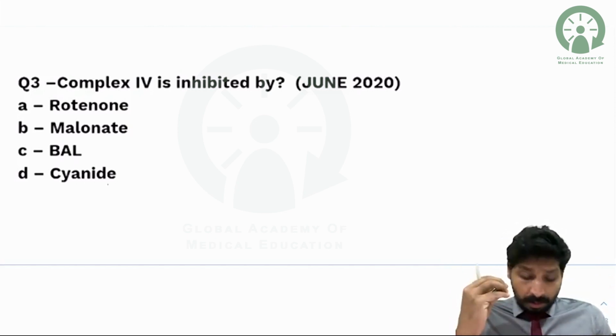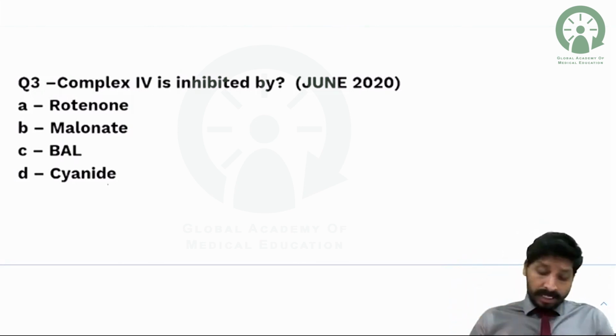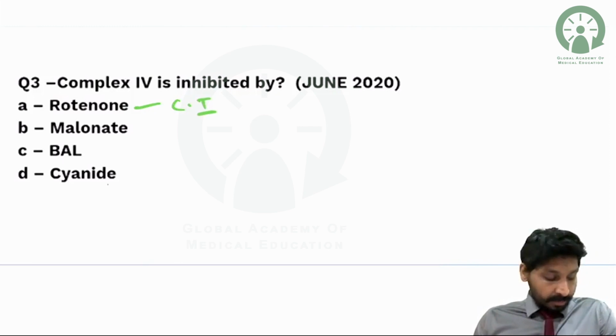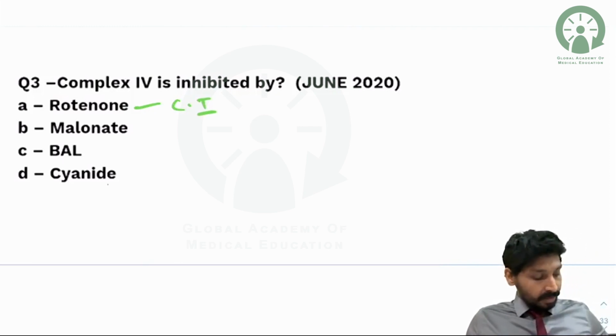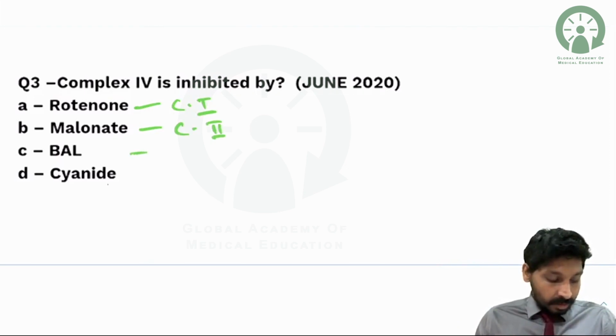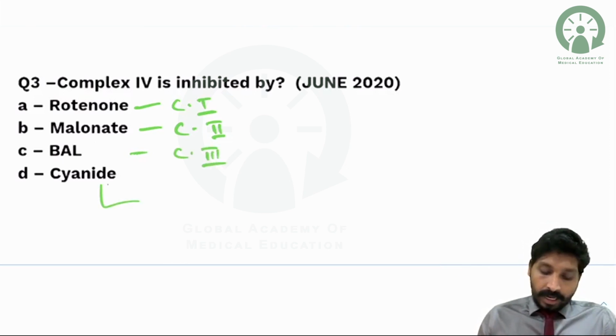Next one is electron transport chain. Rotenone is a complex 1 inhibitor, and piericidin and rotenone. Malonate is a complex 2 inhibitor. British anti-Lewisite is a complex 3 inhibitor, and cyanide is a complex 4 inhibitor.